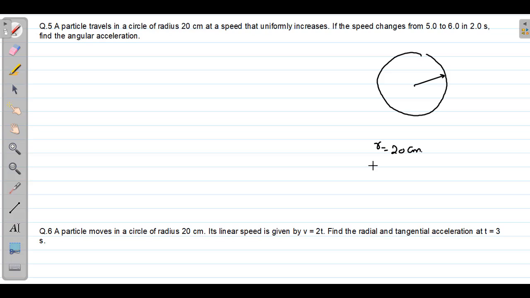The speed, that means the magnitude of velocity, increases uniformly, which means there is a constant acceleration. If speed changes from 5 meter per second to 6 meter per second in 2 seconds, then find the angular acceleration.